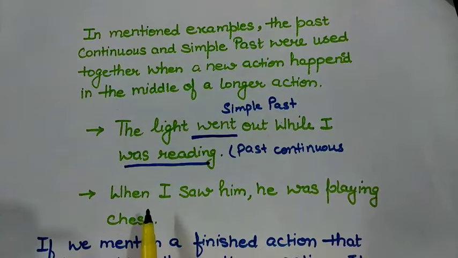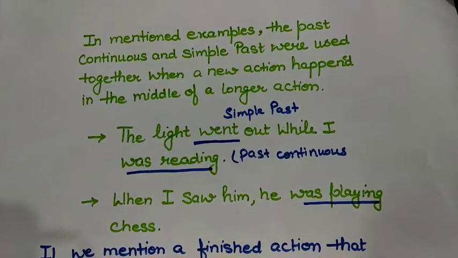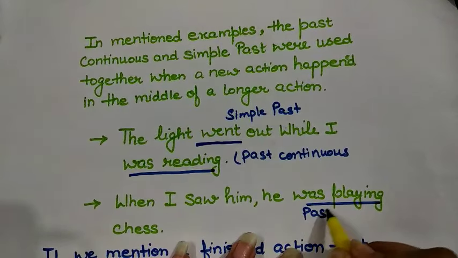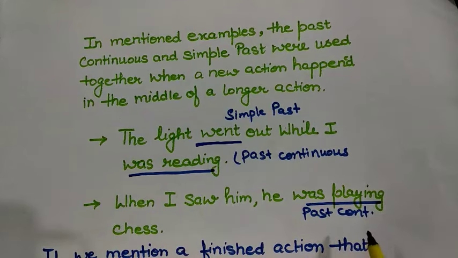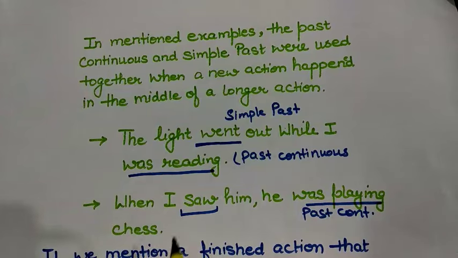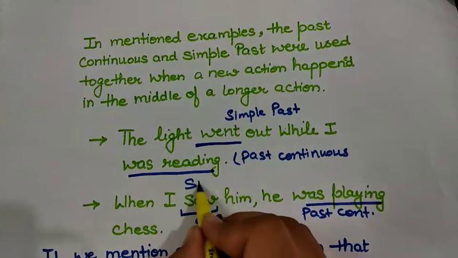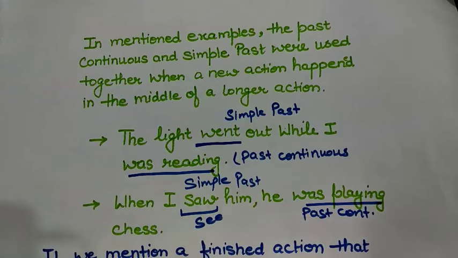One more example. When I saw him, he was playing chess. Now see, I have used past continuous here, and saw is the second form of see, so simple past.